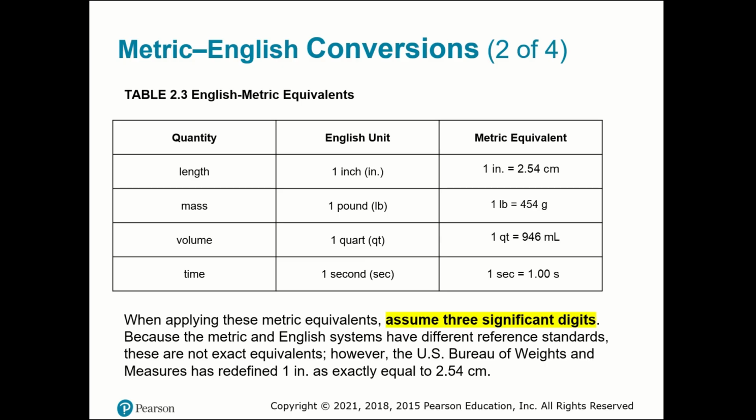However, the United States Bureau of Weights and Measures has redefined 1 inch as exactly equal to 2.54 centimeters. So I have 1 pound like 454 grams, 1 quart like 946 milliliters, and 1 second like 1 second. So 3 significant digits for all.